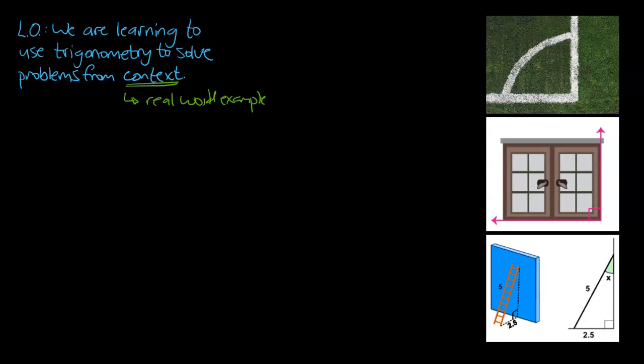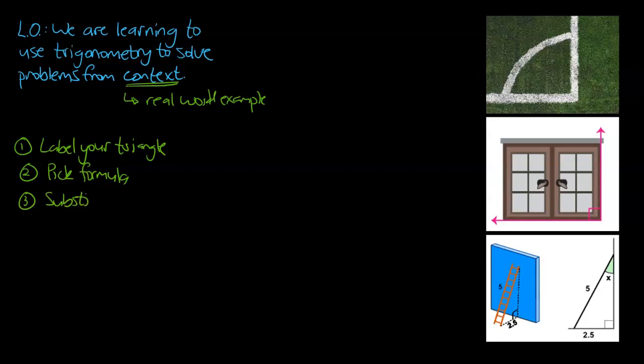Sometimes you're going to need to know how to use trigonometry to find out these scenarios. So just to recap our steps for trigonometry, the first step you always have to do is label your triangle. There's no avoiding that. Once you've labeled your triangle, you then have to pick your formula, and that's based on what sides of the triangle are relevant. Third step, you have to substitute all the relevant values into the formula you picked.